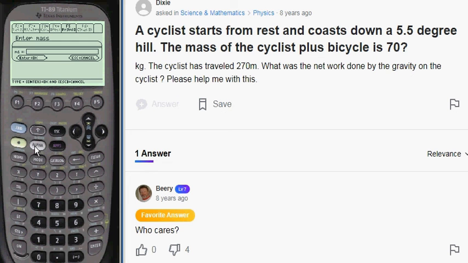We enter the mass. We push alpha first in my programs to get to the entry lines here, and we're going to put mass is 70 kilograms. Number 2 is kilograms. And then the distance or length is 270 meters. We're going to press alpha again, 270.